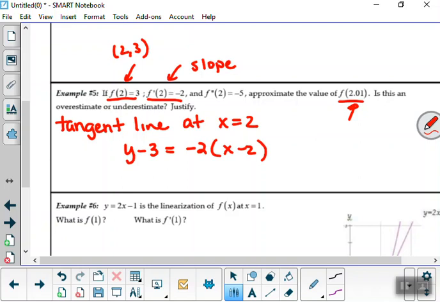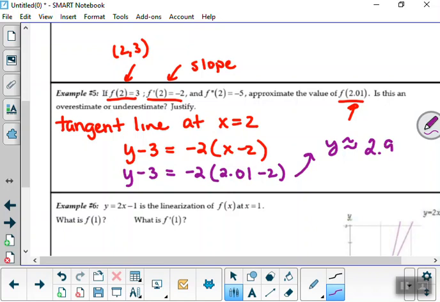And so then when I plug in 2.01, we're going to get, and we can use a calculator for this. There's nothing against using the calculator. It's just if you don't do the calculus correct, your estimation isn't going to be acceptable. So the acceptable estimation they would be wanting is 2.98.